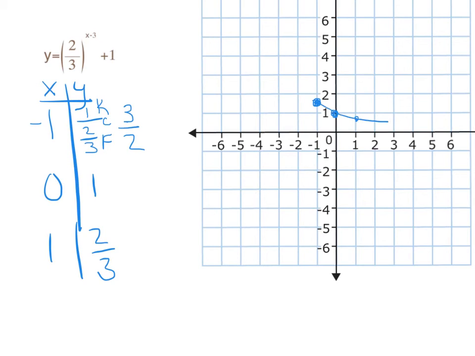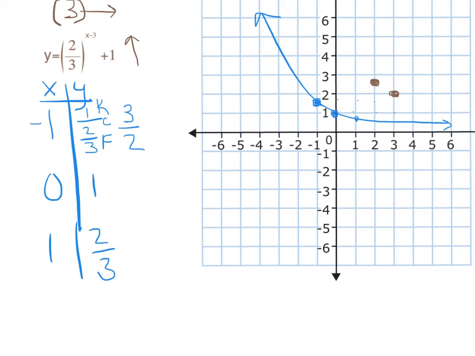So there is my parent graph, but then I'm going to go ahead and transform it. I'm going to go 3 spaces to the right, since it's positive, and I'm going to go up 1. So 3 spaces to the right, 1, 2, 3, and up 1. So there's that first point. The middle point, which was my y-intercept, now gets moved 3 spaces, 1, 2, 3, and up 1.